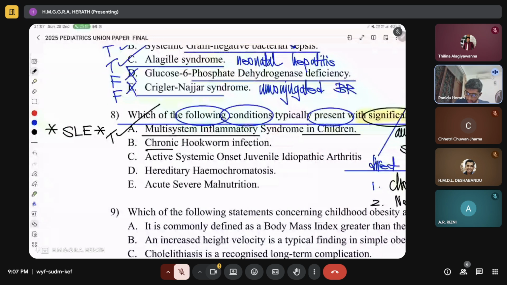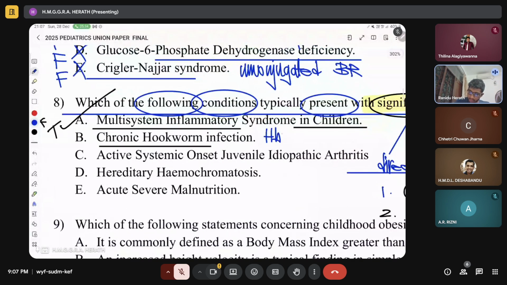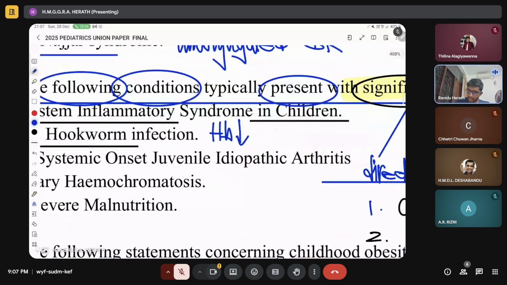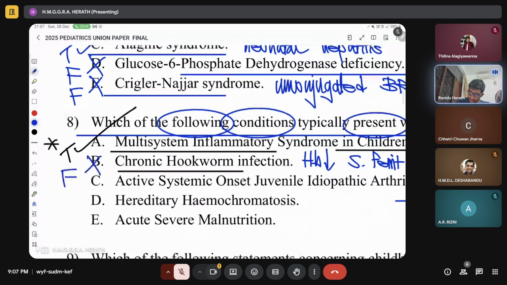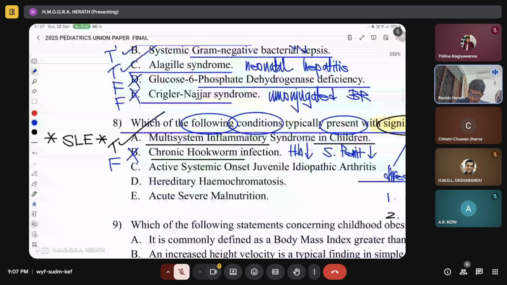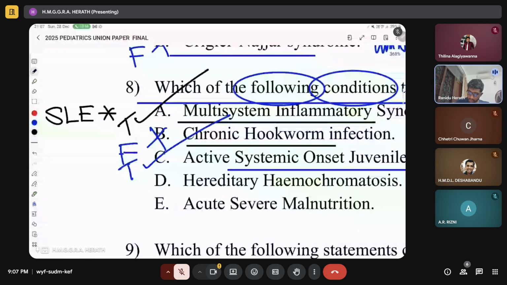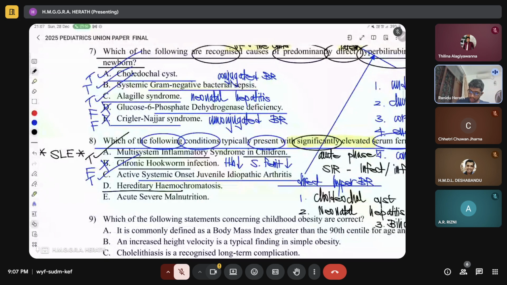Chronic hookworm infection. What happens to the hemoglobin level in hookworm infection? It reduces. So because of that, what happens to the serum ferritin levels? It reduces. It cannot increase. No, this is false. Active systemic onset juvenile idiopathic arthritis. This is true. When there is active disease, serum ferritin levels are increased because this is a severe autoimmune inflammatory condition.